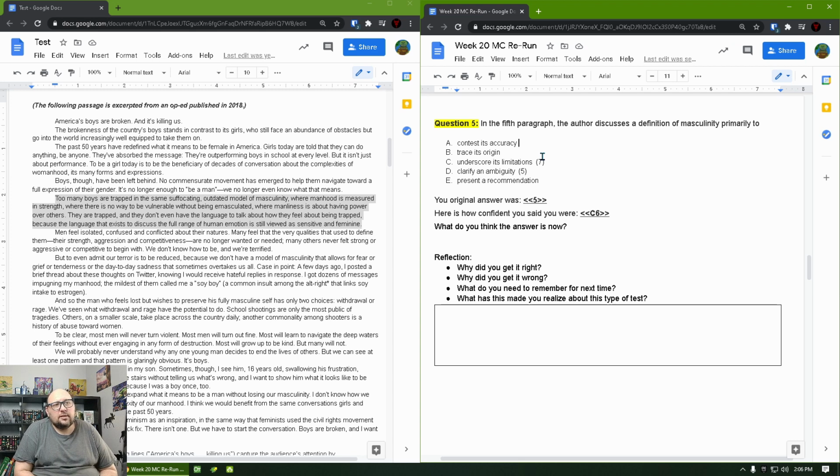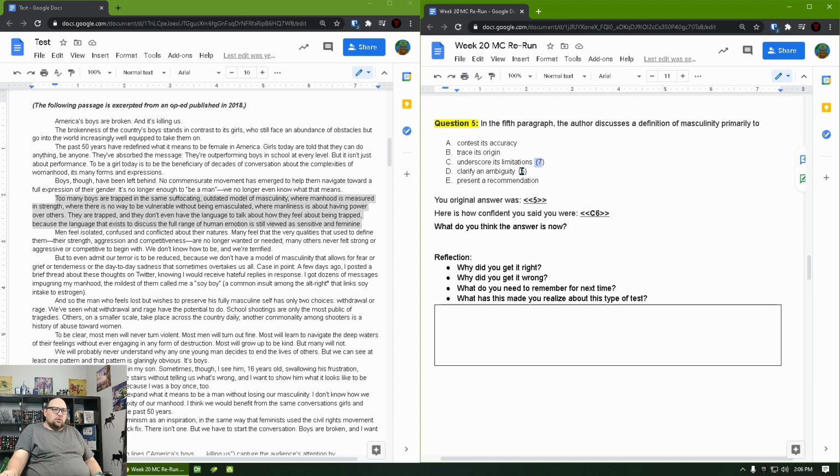He clearly disagrees with this idea where manhood is measured in strength, he clearly thinks there's problems with that idea, but he's not saying that's not factual, and he's not offering that it's not accurate. So that's not the main point on this one. So it's not A.